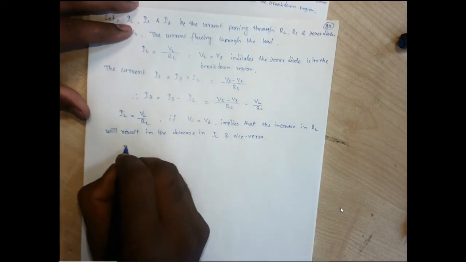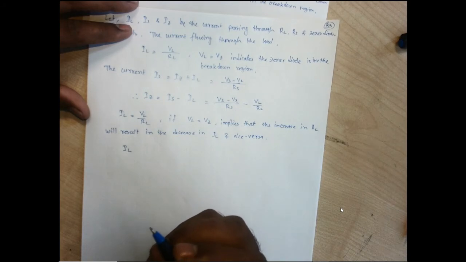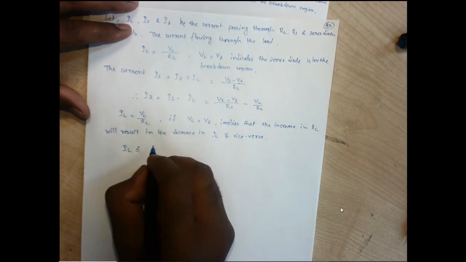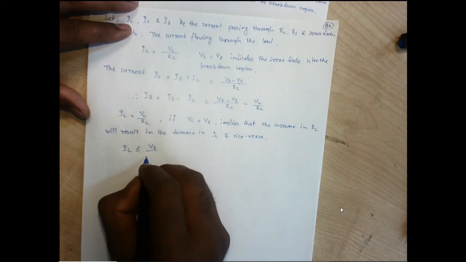So this IL will be either equal to or less than VZ by RL min.